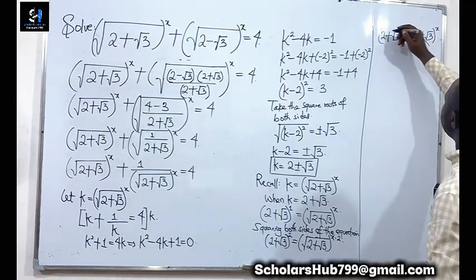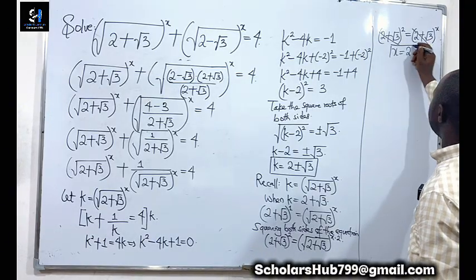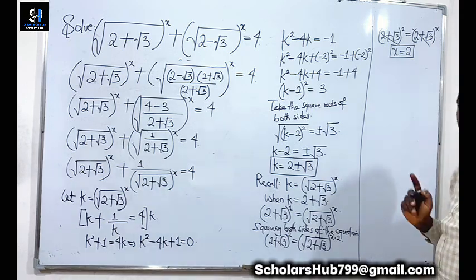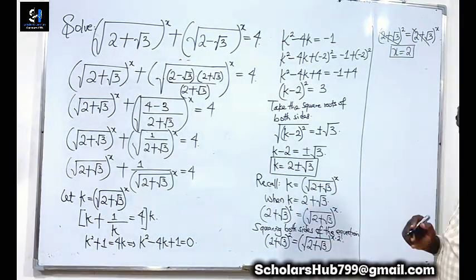So same base on both sides, so the value of x in this case will be 2. That will be the value of x when k is equal to 2 plus root 3.